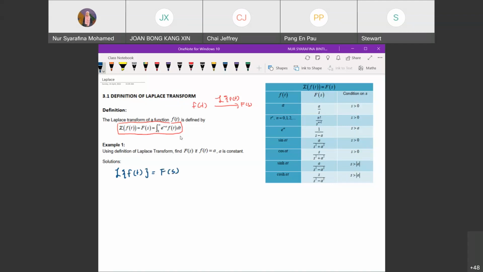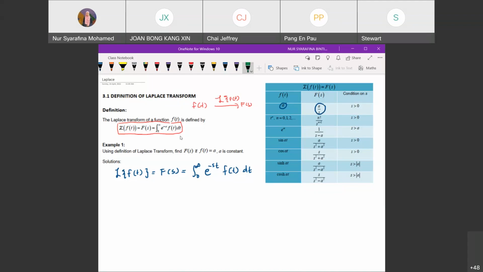By integrating from 0 to infinity e to the power of minus st times f(t) with respect to t. So now let's take a look at the first example. We use the definition of the Laplace transform to find F(s) if f(t) equals a. By table, if your f(t) equals a, then your F(s) is a over s. So how can we prove this? By using the definition.